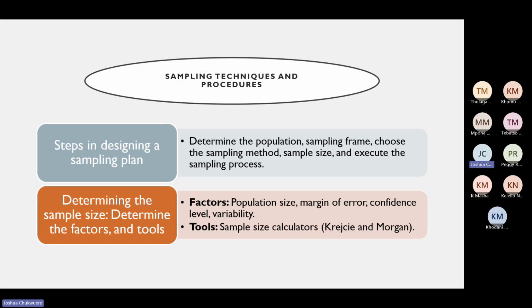So now, in selecting techniques and procedures, there is a step in designing a sampling plan. It is very important to determine the population. In order for you to design your sampling, to make a choice on which sampling to use, the first thing you need to do is determine your population.